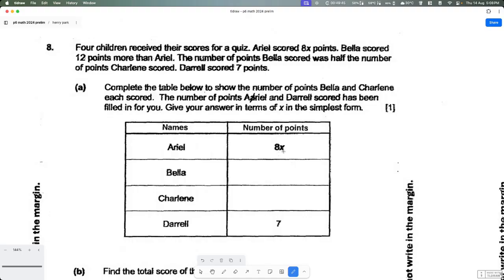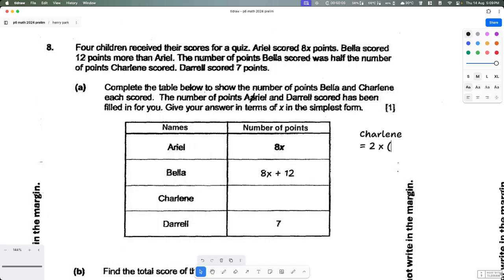Okay, so Bella scored 12 more points than Ariel. So that means 8x plus 12. The number of points Bella scored was half the number of points Charlene scored. So that means it's 2 times this. So Charlene is equal to 2 times 8x plus 12.